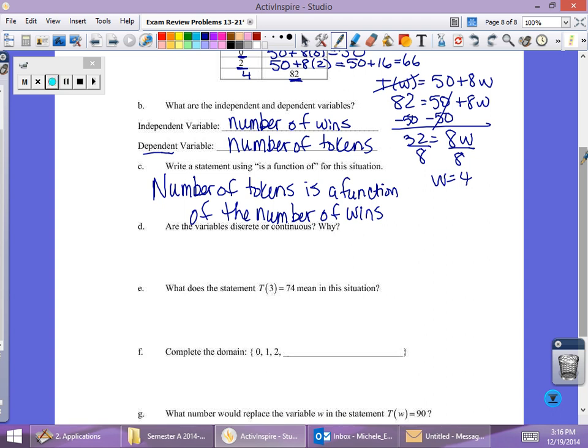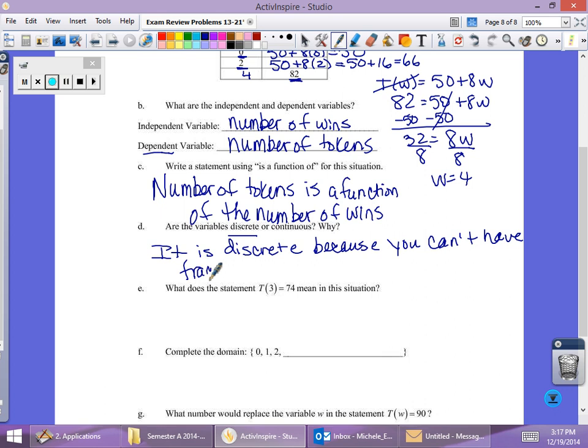Well, you can only win a whole number of times, and you can only have whole numbers of tokens. So it is going to be discrete, because you can't have fractions of wins or tokens.